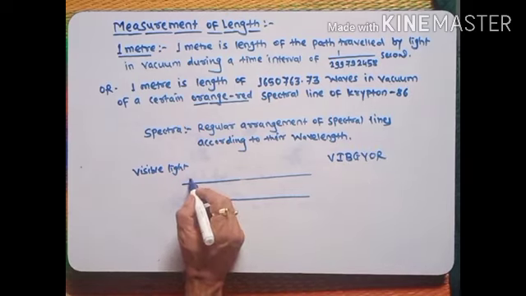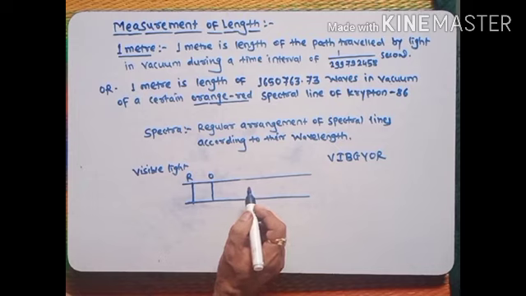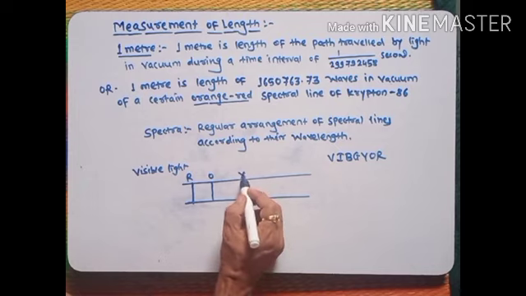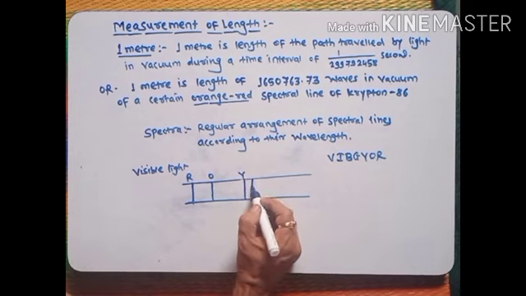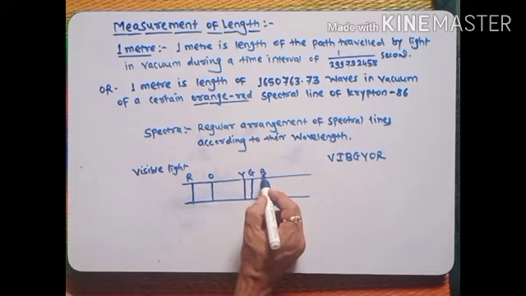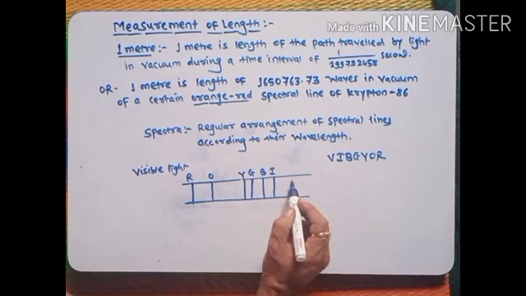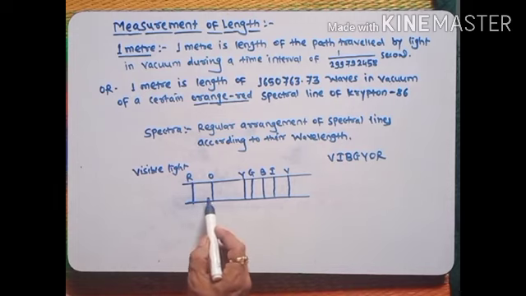Suppose this is red, this is orange, this is yellow, this is green, this is blue, this is indigo, and this is violet.